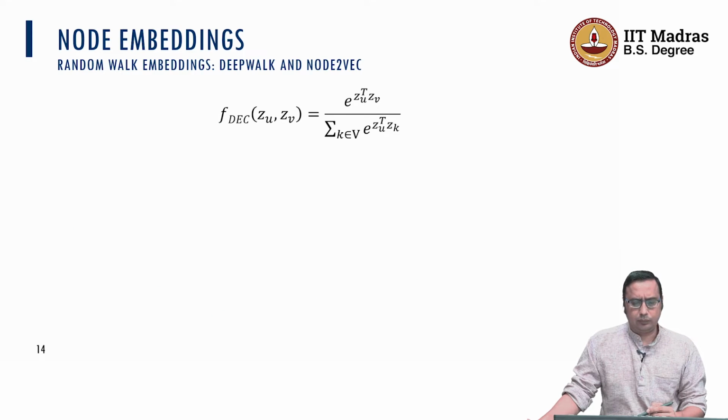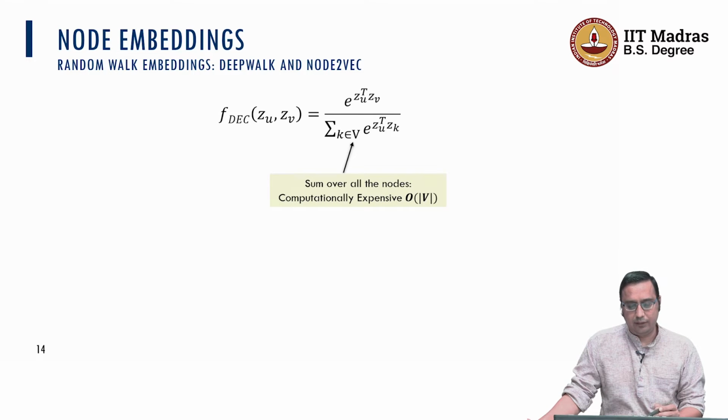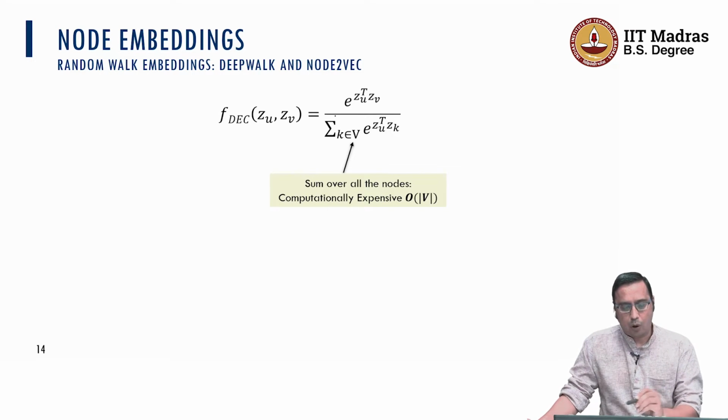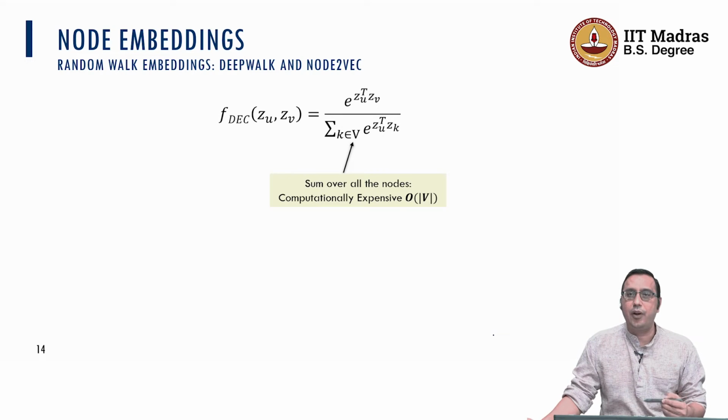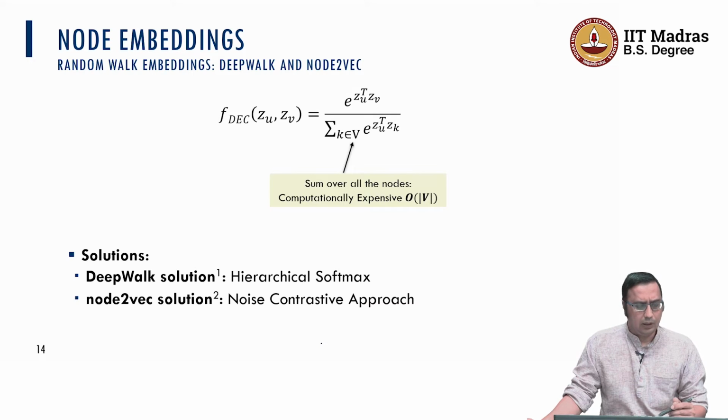Now, there is a certain catch in it. One of the major catches is that we have to sum over all the nodes to find the loss function, and it is computationally expensive, of the order of the number of nodes. If the number of nodes is in the millions or billions, you have to do very large, expensive computation. To avoid such computations, researchers have come up with strategies.